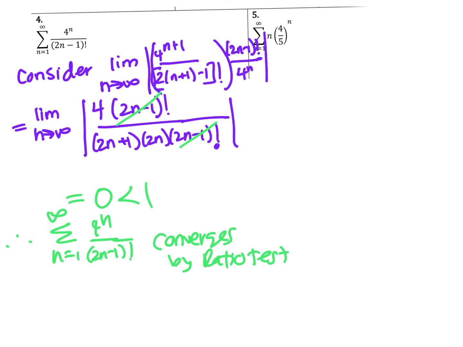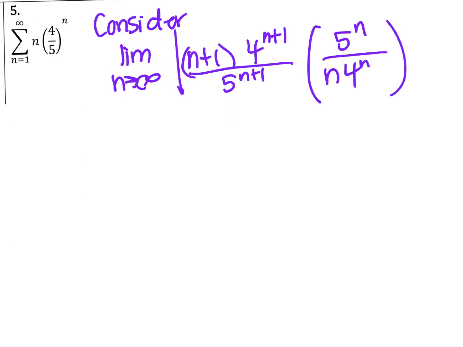All right, let's look at the very last problem. So here's the setup for the limit. 5 to the n and this 5 to the n down here will simplify. 4 to the n and this 4 to the n will simplify, because again, as we go to infinity, the behavior isn't changing so dramatically.